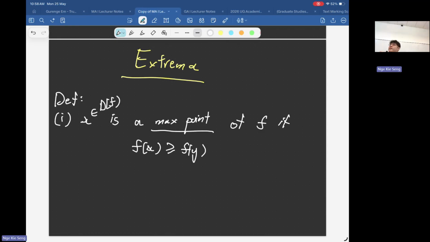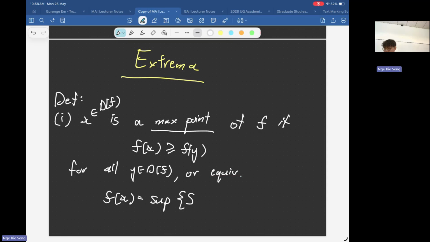So we compare the values of f, for all y in here. Or equivalently, we already learned the sup language, so f x should be the sup among all the f y, where y is in the domain of f.